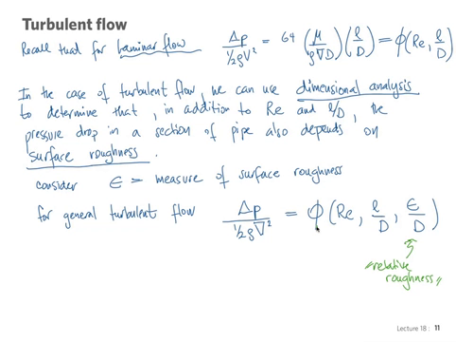And as you know, we are not able to find a closed form solution from the Navier-Stokes for the case of turbulent flow. And the only resource that we have used over the years is to do extensive experimentation to obtain something that we can use for this functional relationship here.